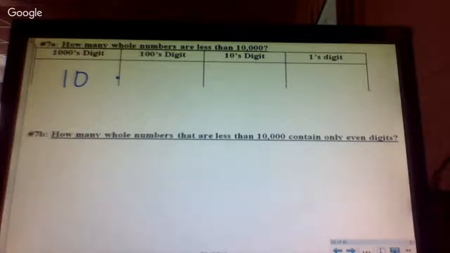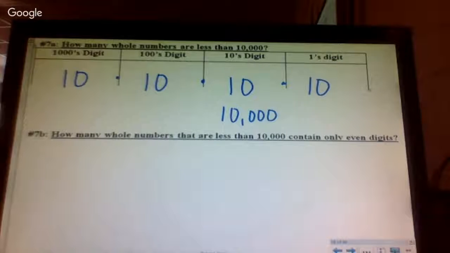How many options do I have? 10. In my tens digit, I can put 10 different numbers. And in my ones digit, 10 different numbers. How many different numbers do I have? 10,000.